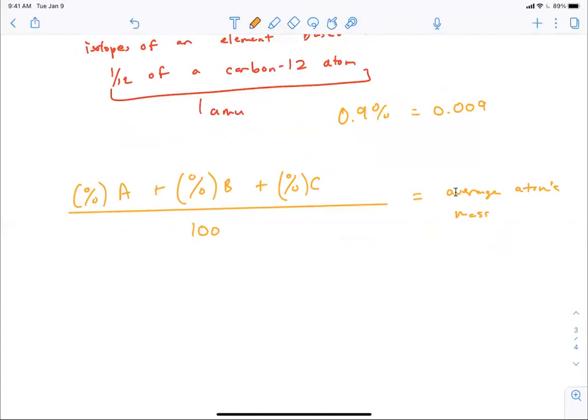But also you should be using some kind of conceptual awareness, because your answer should be between the masses of the isotopes, and it should be favoring the one that has the greatest abundance. And so if you get a number that's out of that range or that's heavily weighted to one side or another, you need to check your work and see what your percentages are and if you're calculating them correctly. That is a really big thing that students make a mistake on.